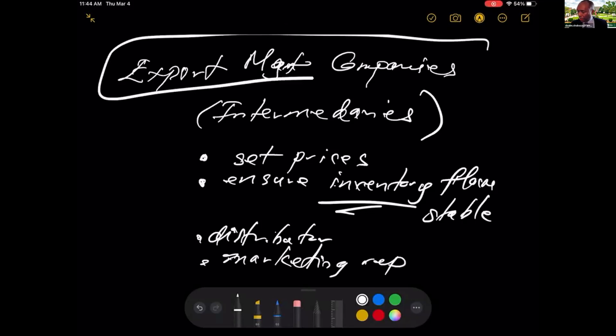So this is a company that provides a lot of services. If you don't have an export department and you don't know how to go about the process of getting your products in another market, then you could hire a company and they will handle a lot of those activities for you. And then I mentioned a distributor. That's also mentioned in the book as well.